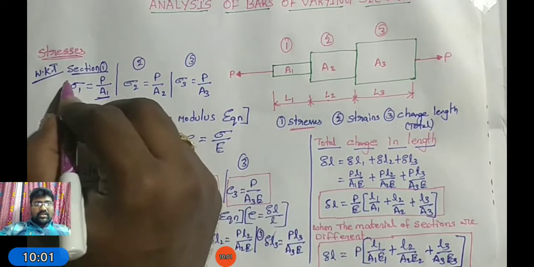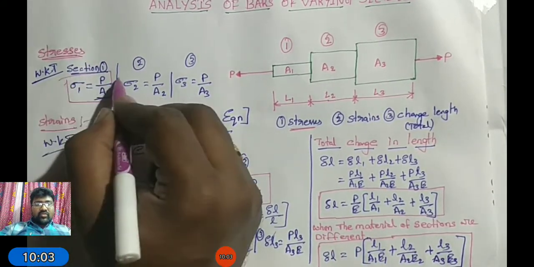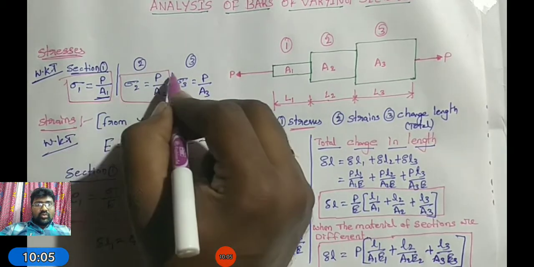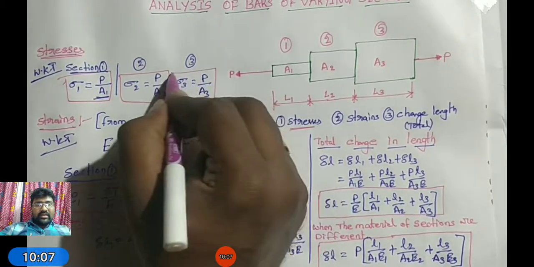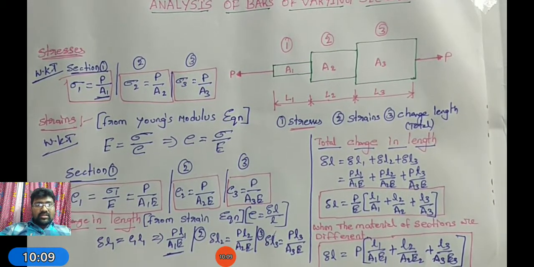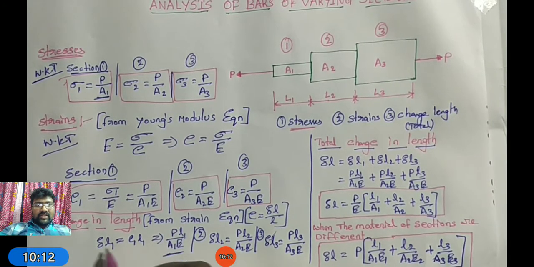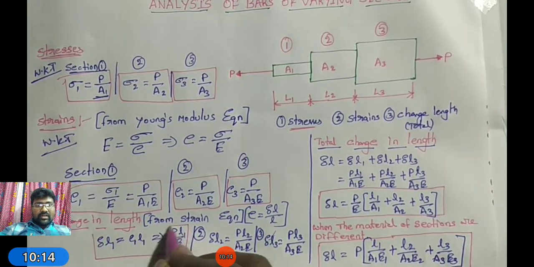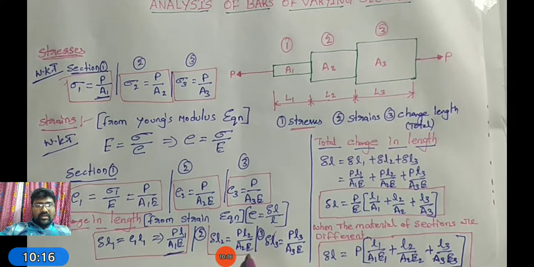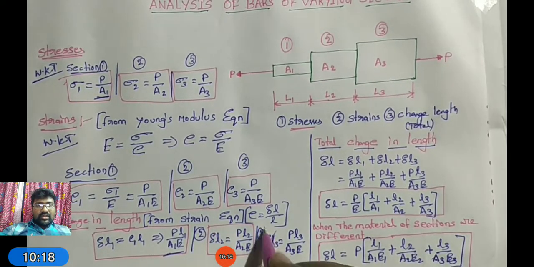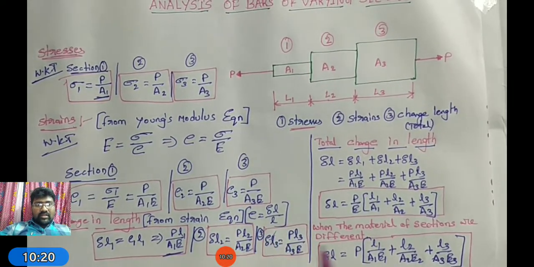Next, the stresses in section 1, section 2 and section 3. Next, the change in length developed in the material, that is delta L1, delta L2, and delta L3 in the equation.